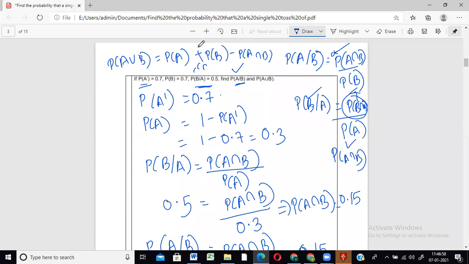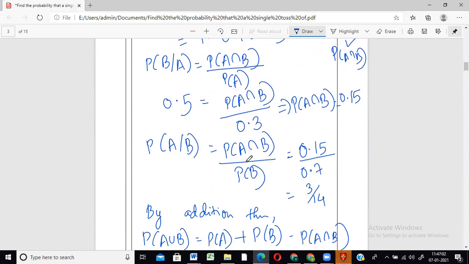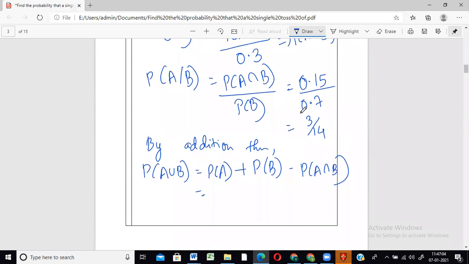A is 0.3, B is 0.7, A intersection B is 0.15. So we write all the values: 0.3 plus 0.7 minus 0.15 is 0.85. Yes, that's the final answer for probability of A union B. So you have to go through all the formulas and then you'll be able to tackle these.